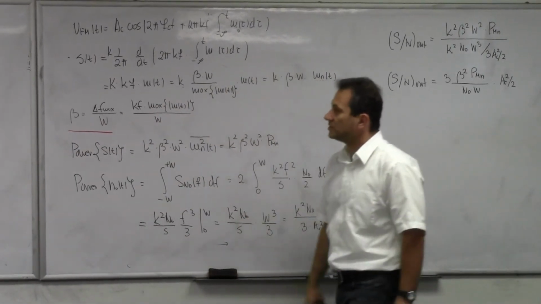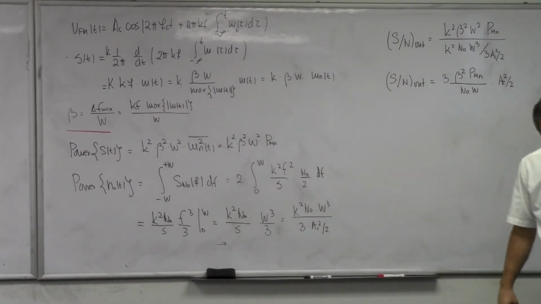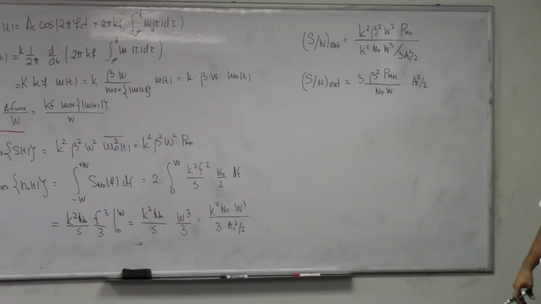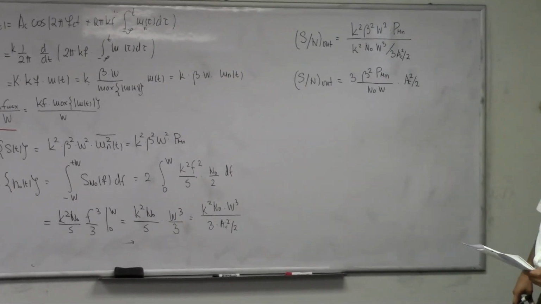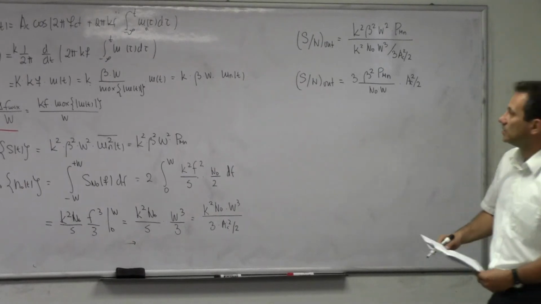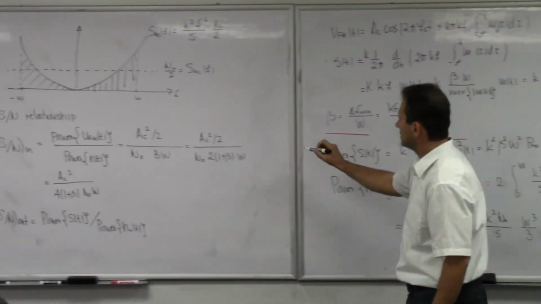Both of them have AC squared over 2. So let me express AC squared over 2 from the first one. So I'm going to designate this as a star.